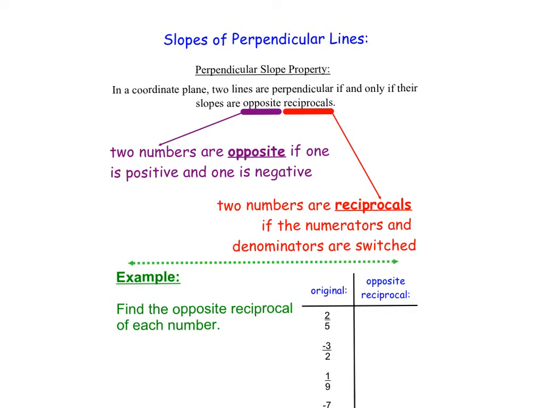Let's call one of them line segment AB, and the other, let's call CD. All right, if those two line segments are perpendicular, then their slopes are opposite reciprocals.